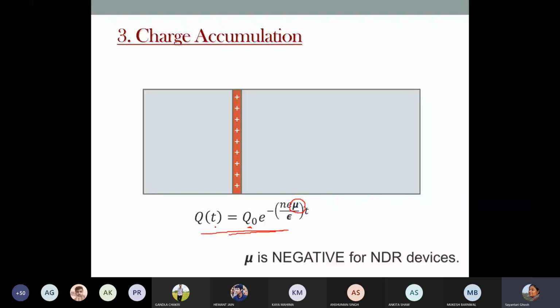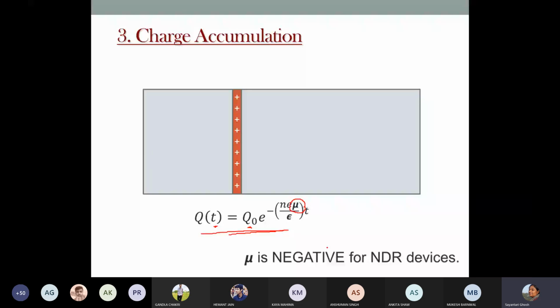That is dependent on the sign of mu, the mobility in that particular device, and that depends on the negative or positive resistance of that system. So this part is mathematically explained in that video that I have shared, but the bottom line is that charge gets accumulated and high charge domains get formed inside negative resistance devices.